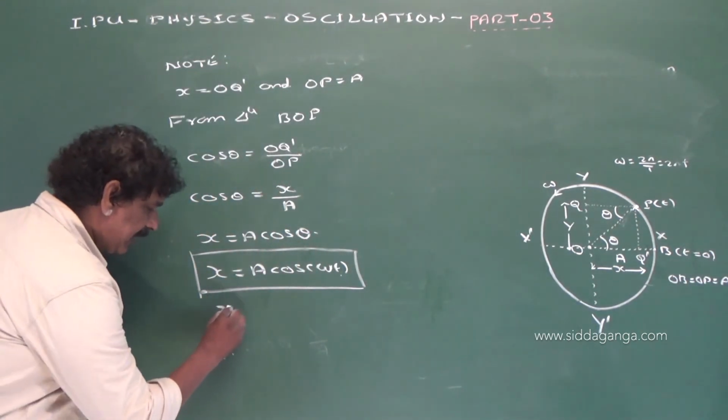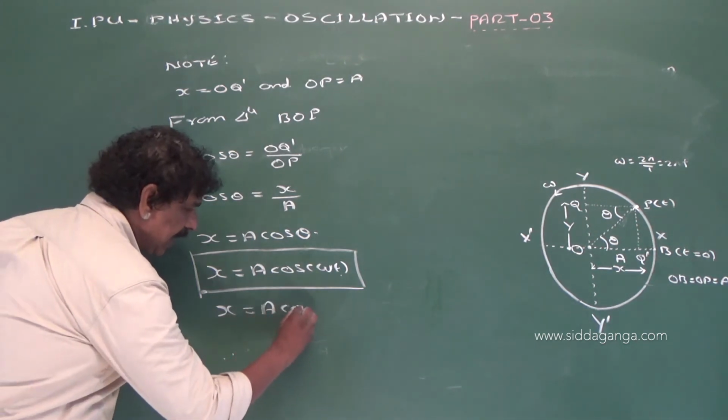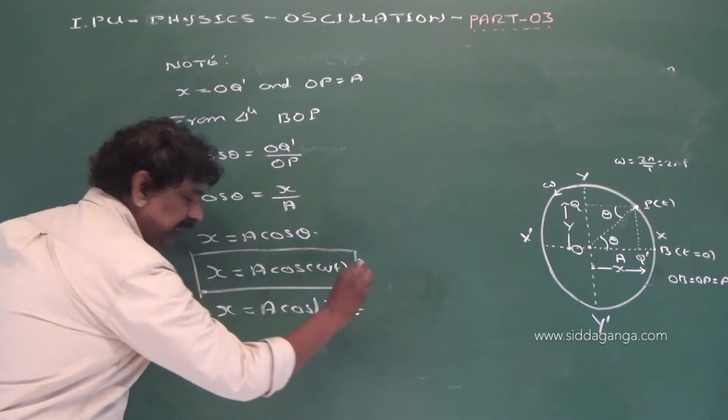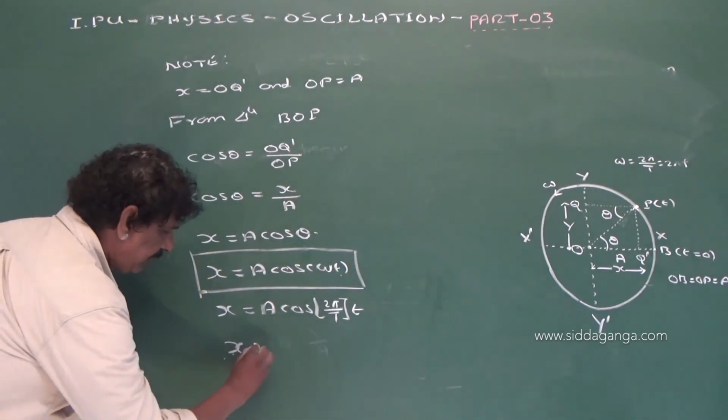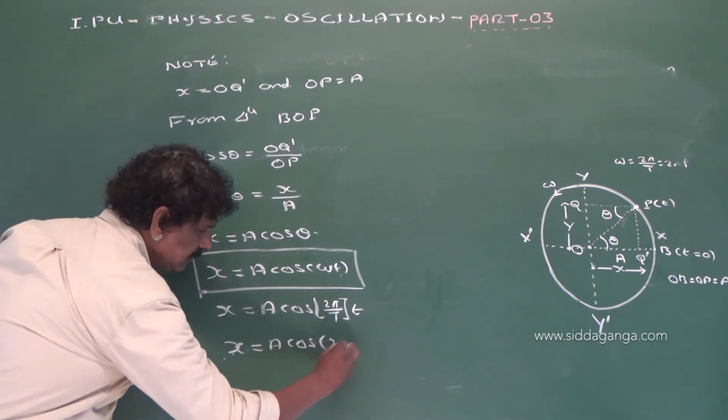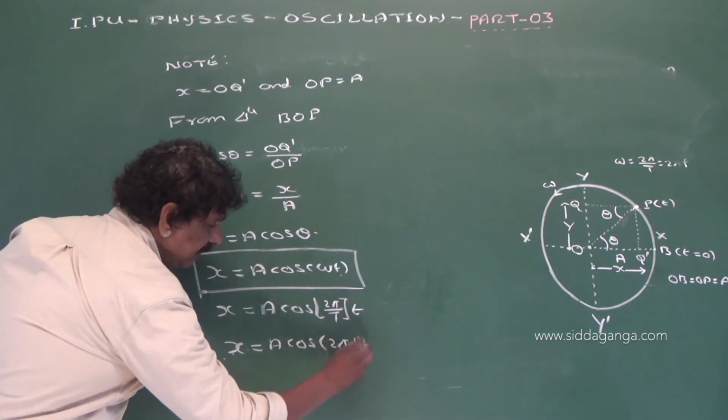This can also be written as x is equal to a cos 2 pi by T into t, or x is equal to a cos 2 pi f t.